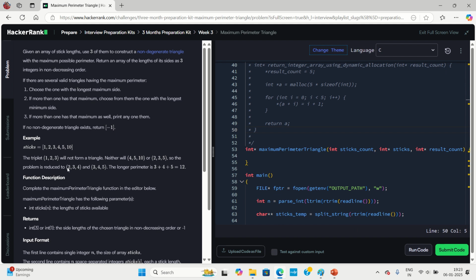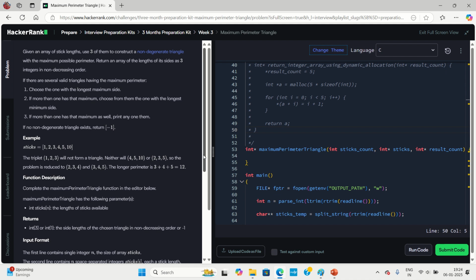Now, from among these triangles, we have to choose the one with the maximum perimeter. Like say, in this case, 2, 3, 4 is having a perimeter of what? 2 plus 3 is 5, 5 plus 4 is 9. And here it is 3 plus 4, 7, 7 plus 5, it is 12. So among 9 and 12, 12 is greater, hence we take the 12.